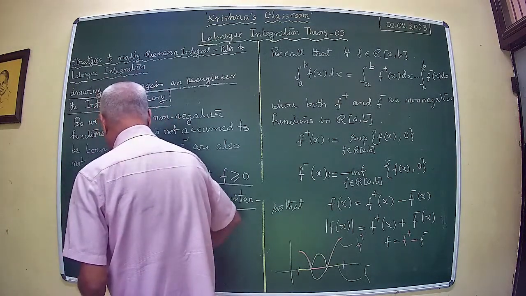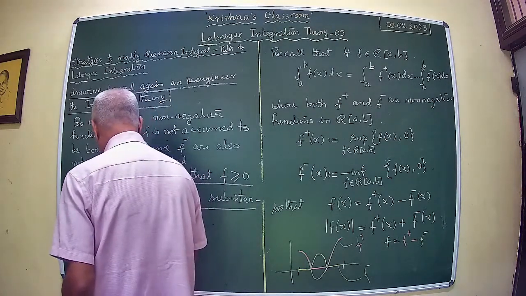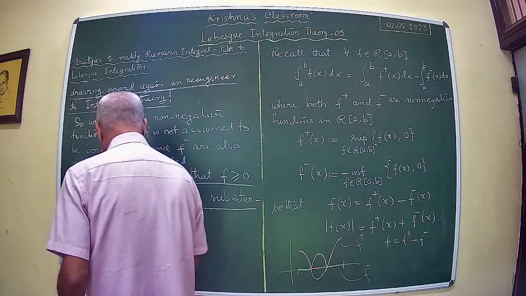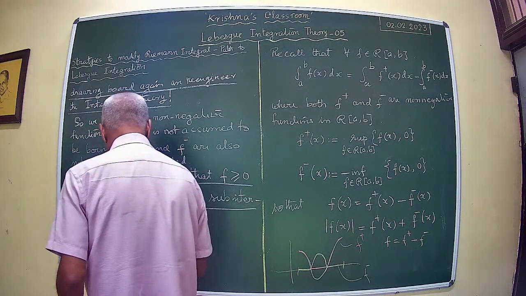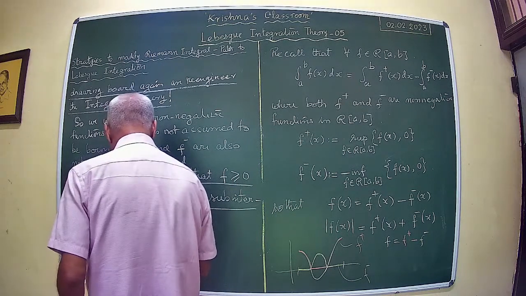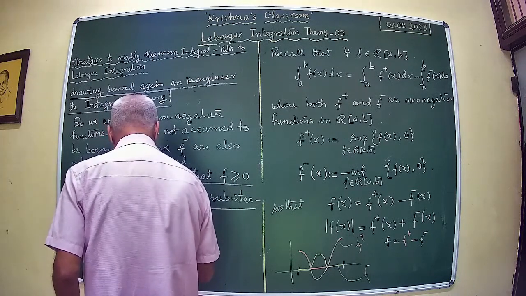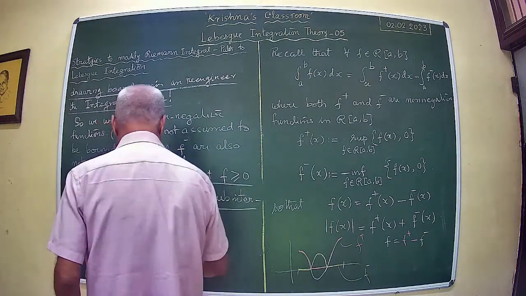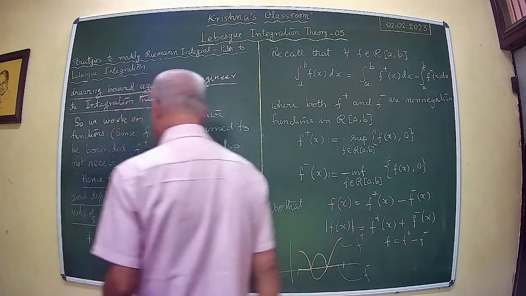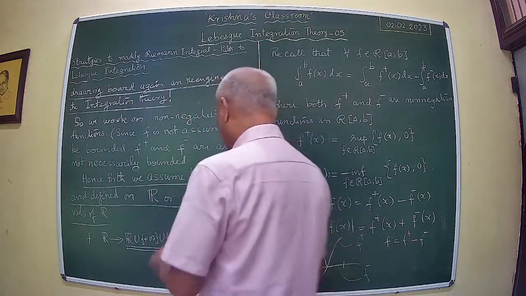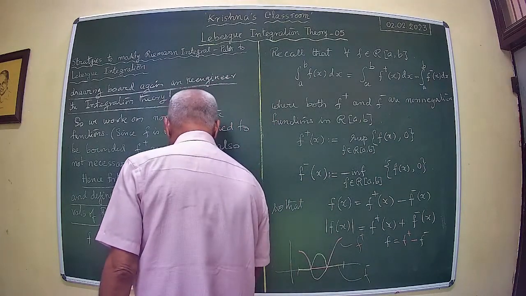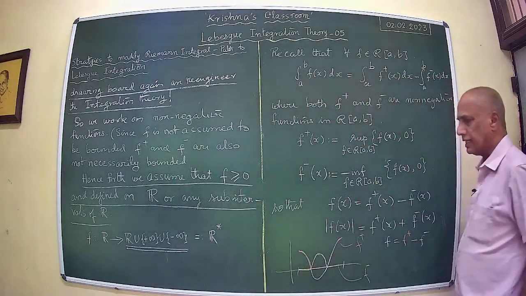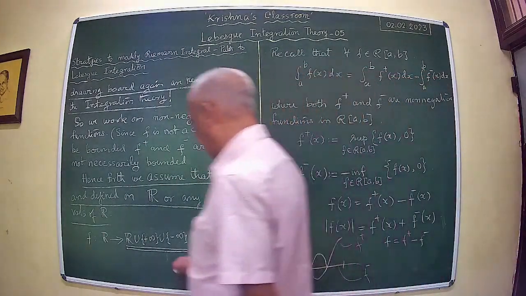So we will take this as R union plus infinity, minus infinity. So this we give a name, we write this as R star. So R star, let R star be the extended real line.